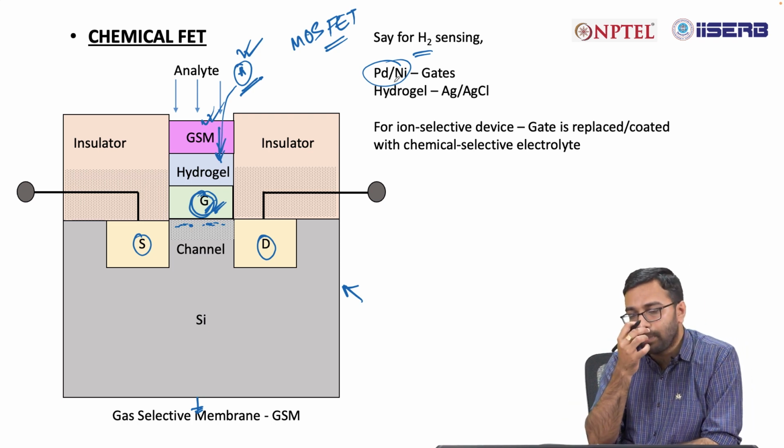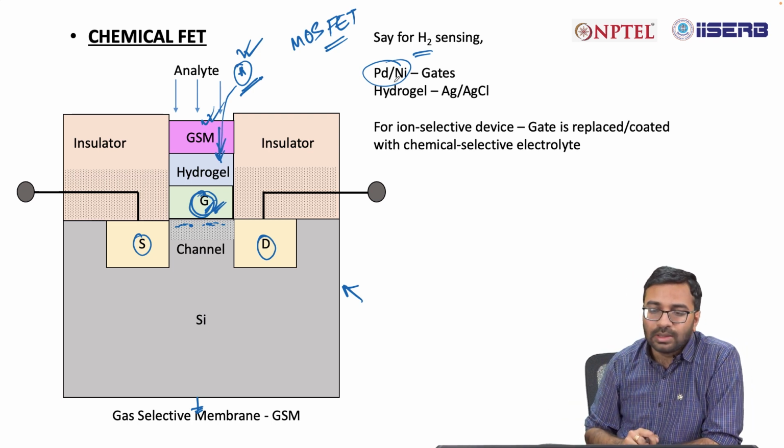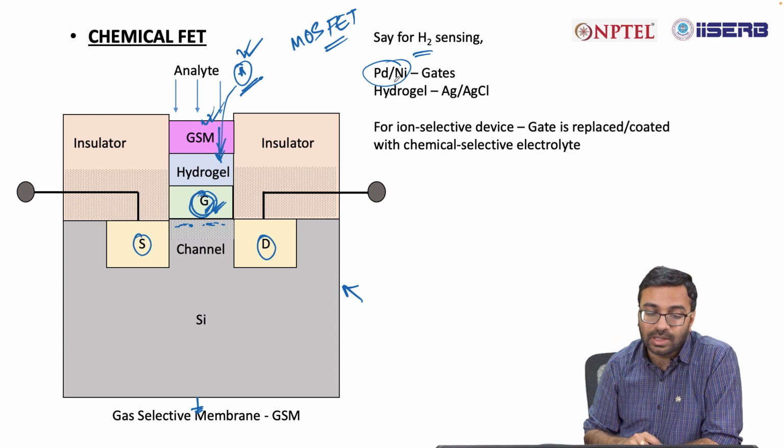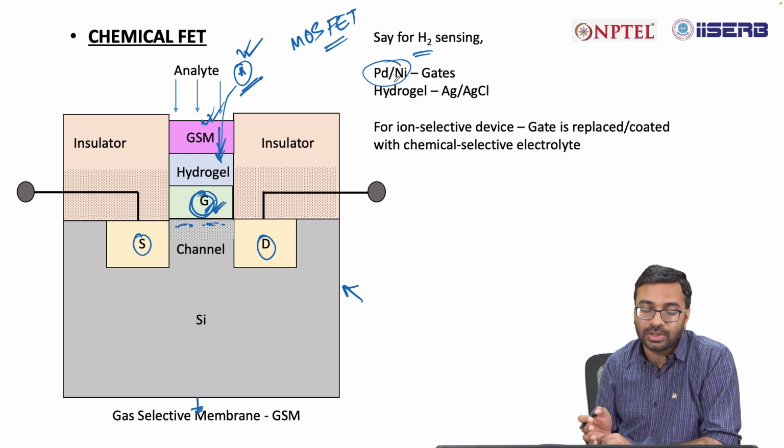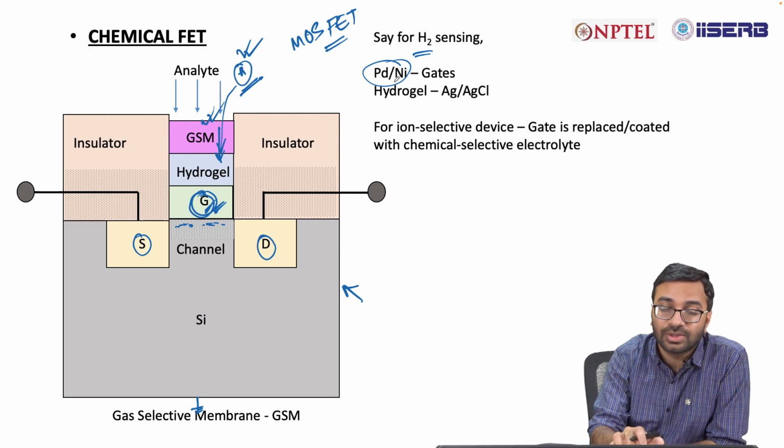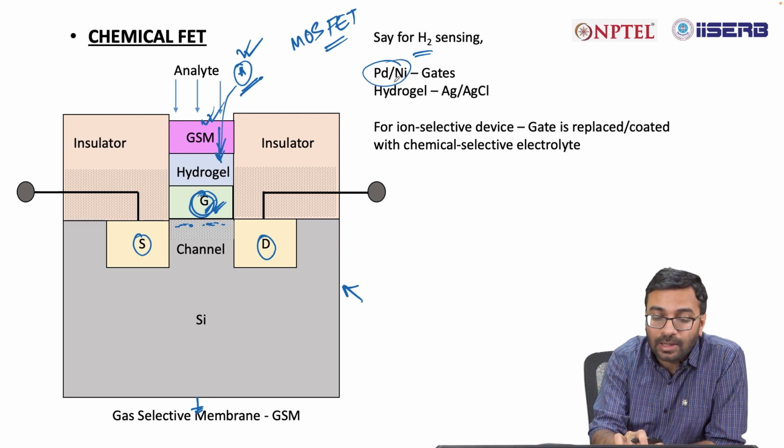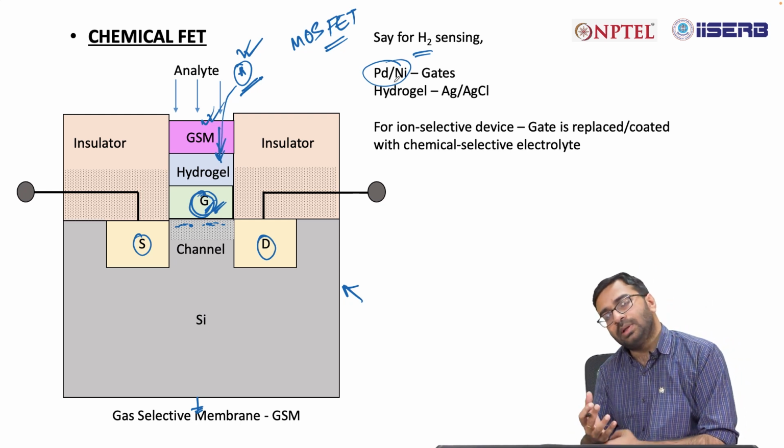Usually, this palladium nickel composite adsorbs hydrogen, and that may change the electrode potential, which in turn will change the current between source and drain. And then you will find that the concentration of hydrogen can be related to the current.